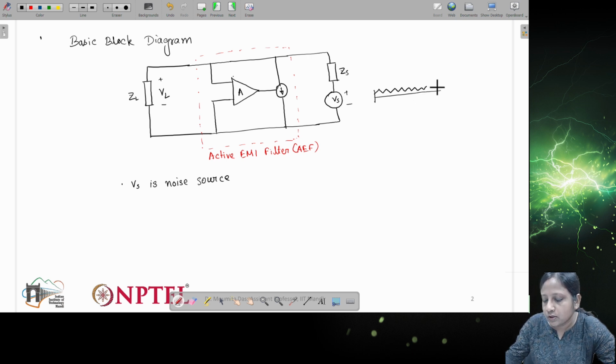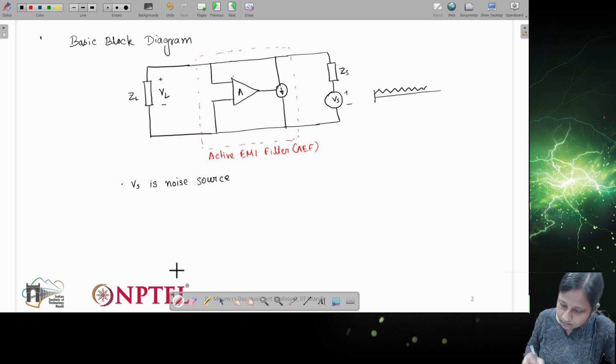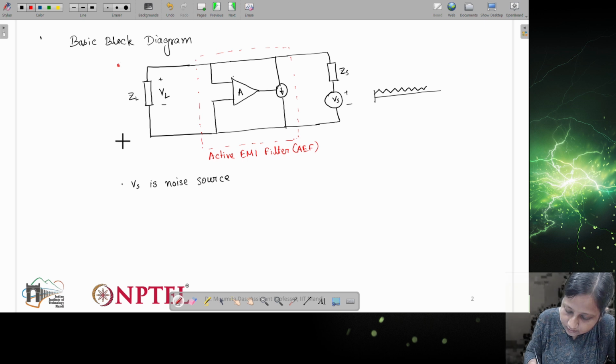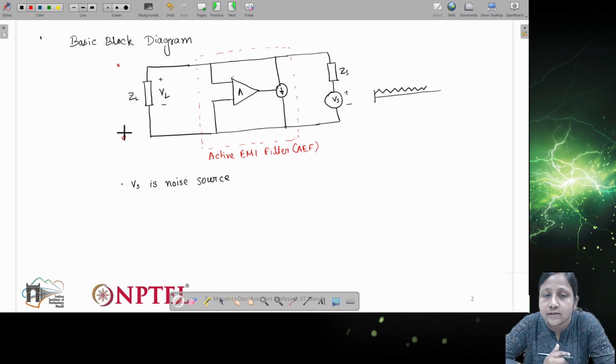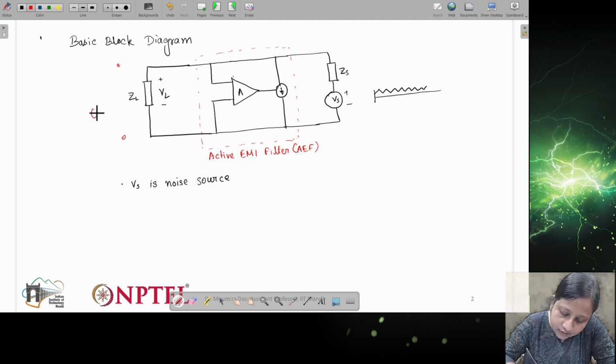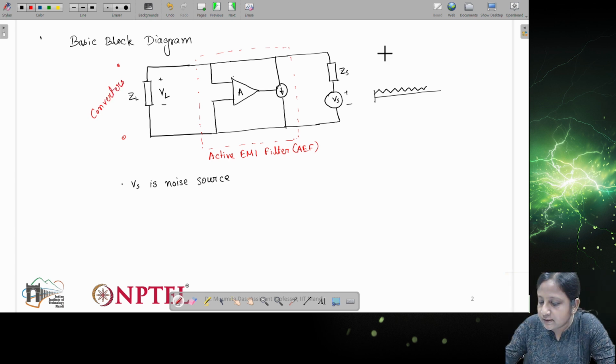ZL is the load, meaning it can be the place where the converter will be connected. Basically this point is where your system will be connected; since we are considering power electronics converters, the converters will be connected here. And ZS or VS is the noise source. This side will be connected to the source, as we have discussed earlier.